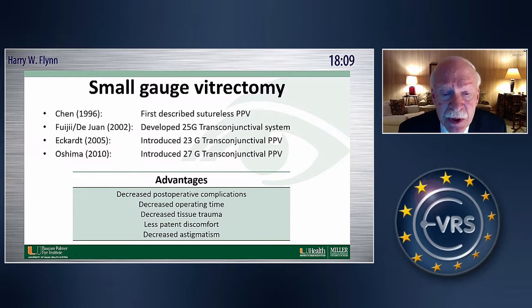Today, I will emphasize the 27 gauge vitrectomy because this is a very nice technique in these cases to quickly enter the vitreous cavity and quickly perform a vitrectomy. It has the advantage of decreased operative time, less bleeding from the conjunctiva, less discomfort, and is a quick and simple procedure. Next slide, please.